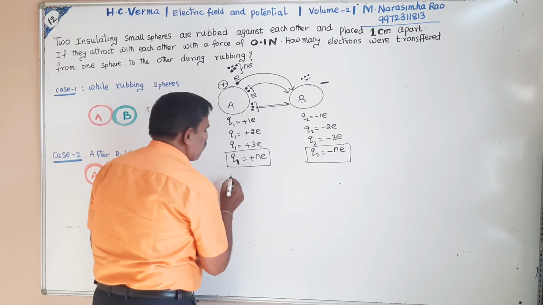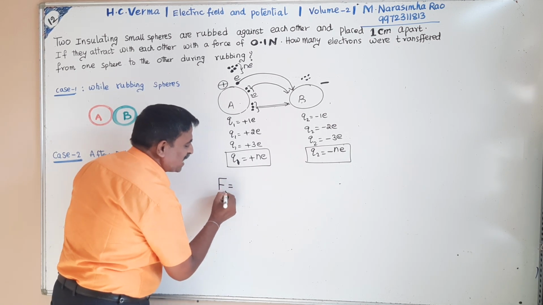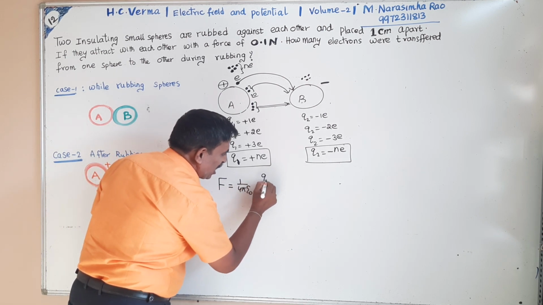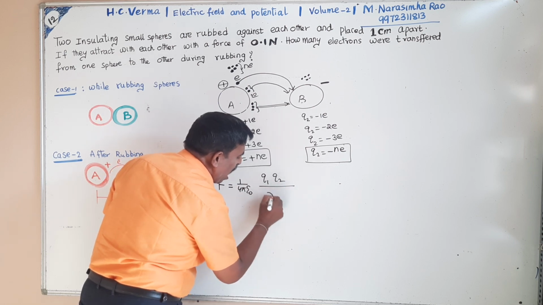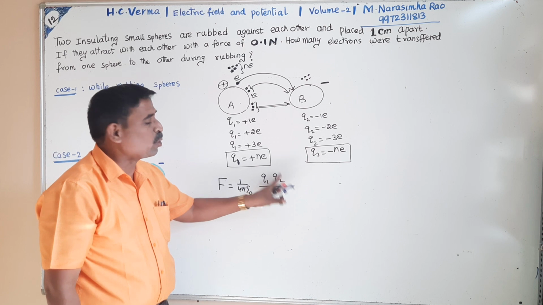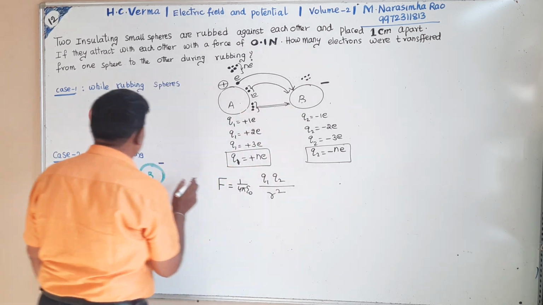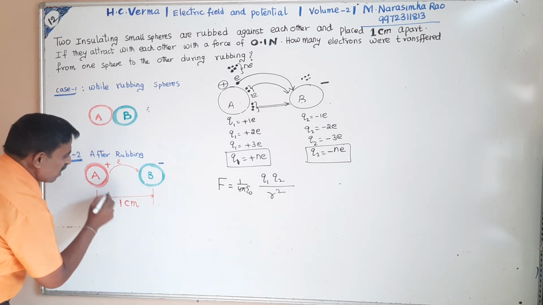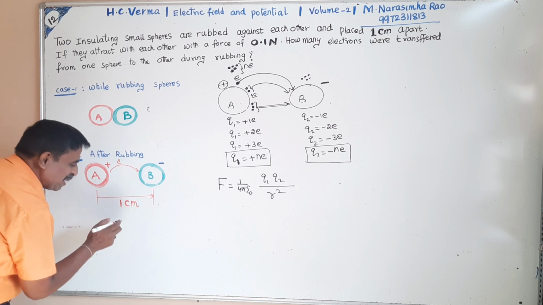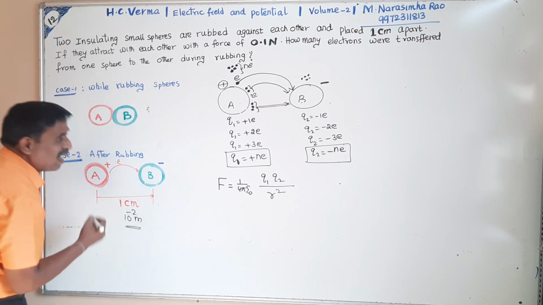We have one formula, Coulomb's law in electrostatics. F is equal to 1 by 4 pi epsilon naught, Q1 Q2 by r square. Q1 is the charge on the first sphere, Q2 is the charge on the second sphere, r is the distance between the charges. Here the distance between the two insulating spheres is 1 centimeter, which means 10 power minus 2 meter.